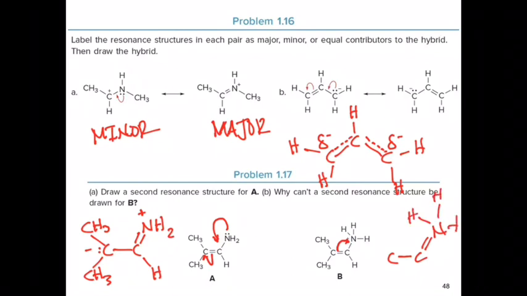So when you look at the nitrogen, it now has 1, 2, 3, 4, 5 bonding pairs, which violates the octet rule. The only elements that can have more than eight bonding electrons are the elements on the third row and below, and nitrogen is not one of them. And so this violates the octet rule, and so there is no resonance structure for this molecule.